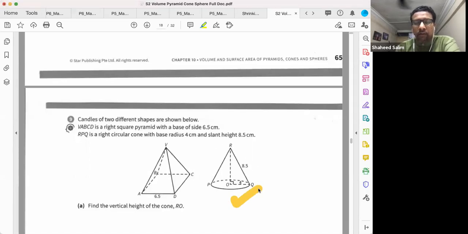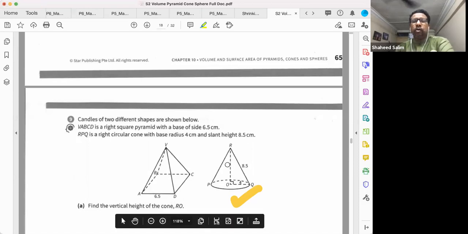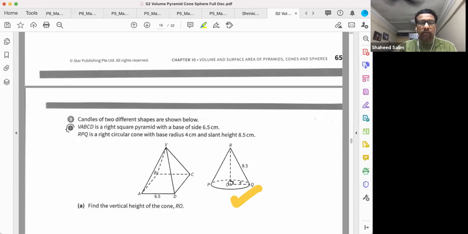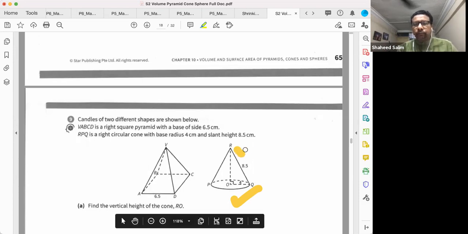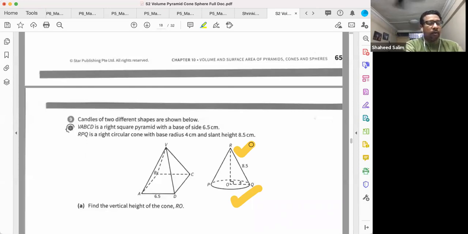So I want you to do this one. You got to use Pythagoras theorem.